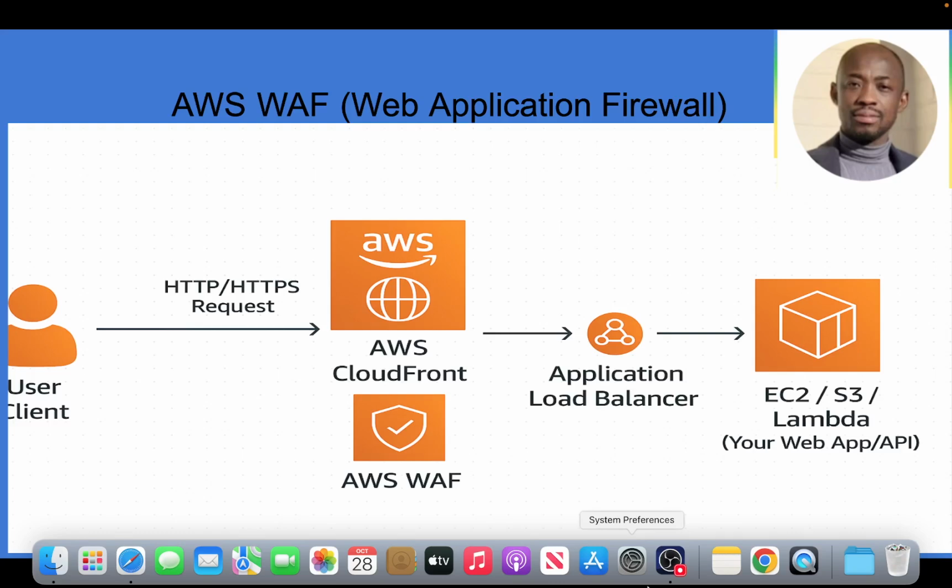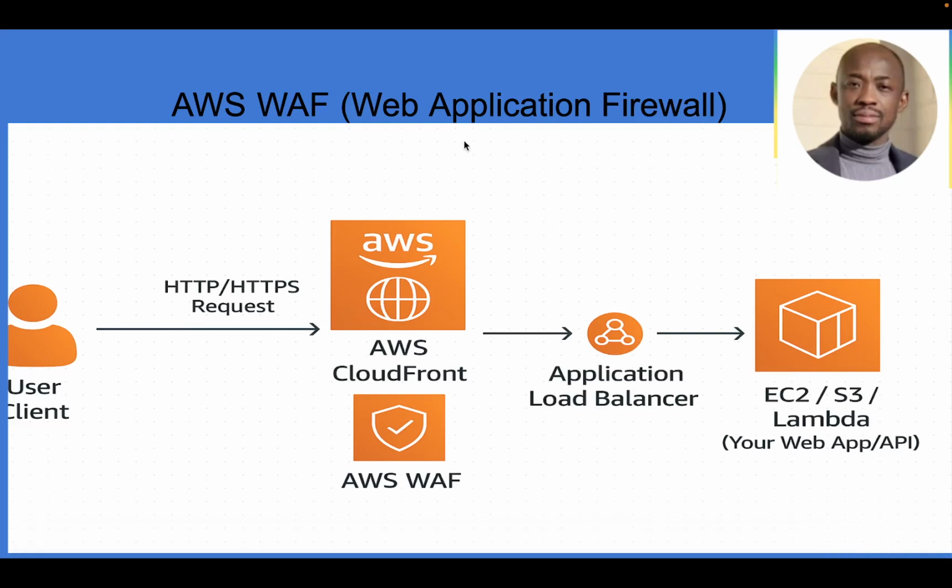These rules will analyze against things like bad IPs or malicious requests, or deeply inspect for application exploits. In a nutshell, let's go through this diagram. Your client is requesting access to your resource.